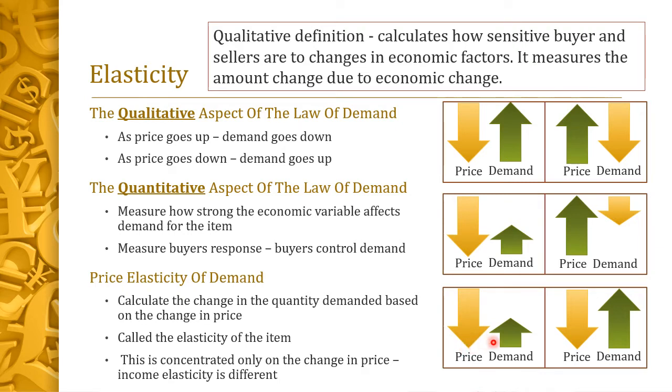We're not going to see a huge change in demand. Versus if houses drop by 30%, we're going to see a significant change in demand. So we already can see that the product itself is going to make a difference in its elasticity. This is a general overview. Let's get into some more of the details.